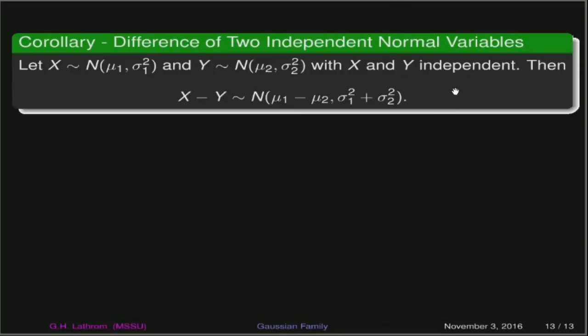So one immediate application of that, we have this corollary, is that if we have the difference of two independent normal variables.